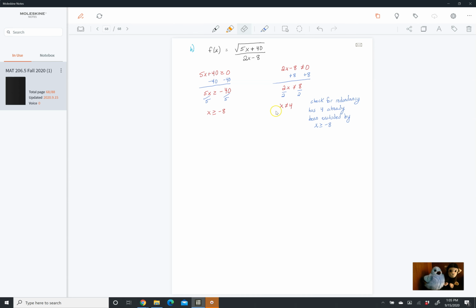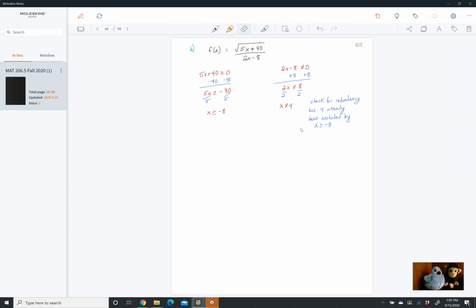And the answer is no. 4 hasn't been excluded, right? 4 is greater than or equal to negative 8. So if we just used this, we would be saying 4 is okay, because it is greater than or equal to negative 8. But 4 isn't okay. So this has not been excluded, so we need to include them both.